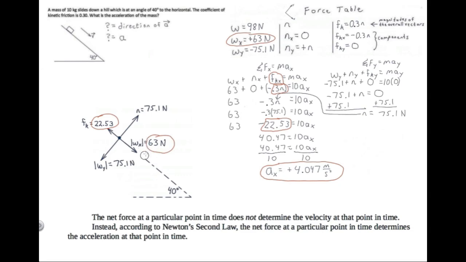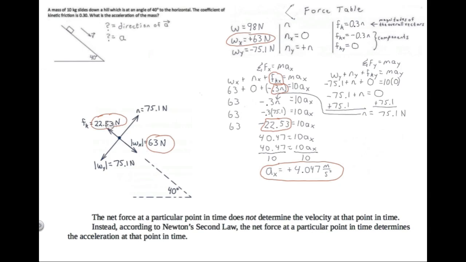We know that the magnitude of W sub x is 63 newtons, and in the course of our work on the Newton's second law x equation, we happened to figure out the magnitude of the kinetic friction force. This number, 22.53 newtons, represents the magnitude of the kinetic friction force. I should be careful to include units when I write this number by itself.